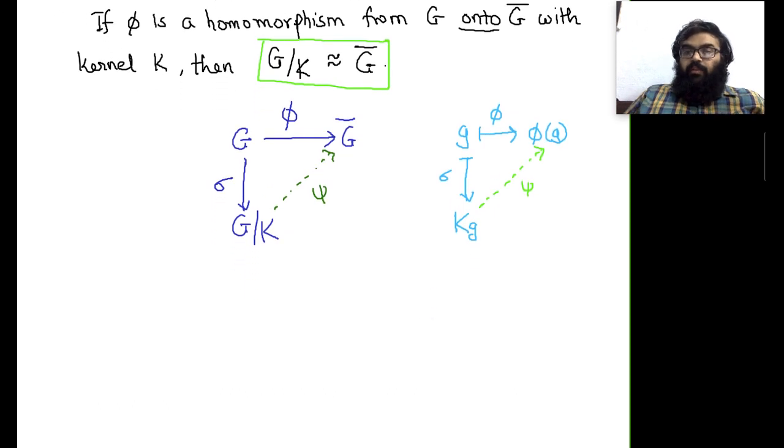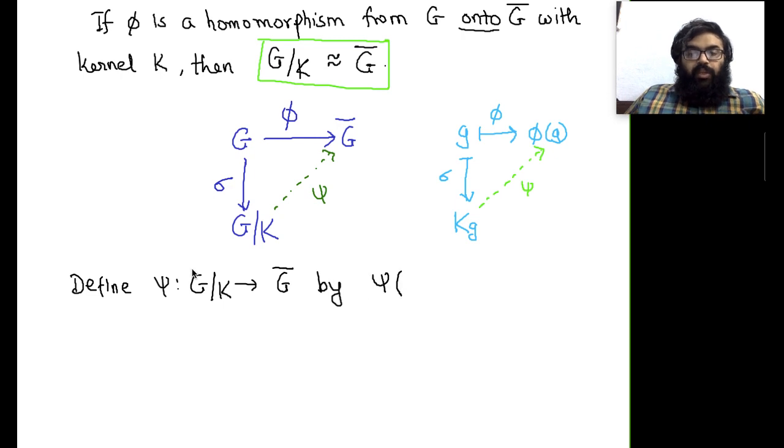So the idea will be to define psi from G quotient K to G bar by psi of, now what is an element of G quotient K? It's a coset of K in G, something like Kg. And once we have Kg, where do we map it? The idea is to define psi of Kg to be phi of g.